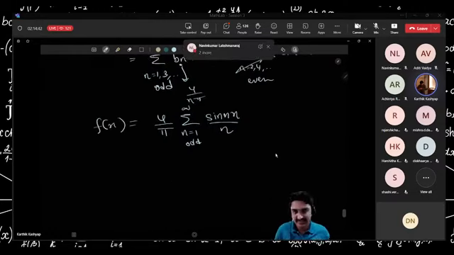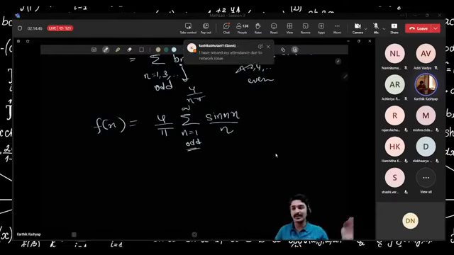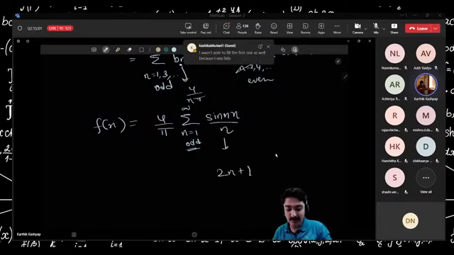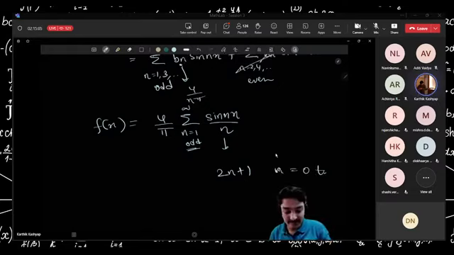Let's try to simplify this even more. Let's say we want to have this in terms of only n is equal to 1 to infinity or 0 to infinity instead of having it only odd. So let's try to write this in terms of an odd number. So if we replace this by 2n plus 1, where n is equal to 0 to infinity, or let's use a different variable, 2k plus 1 from k is equal to 0 to infinity.